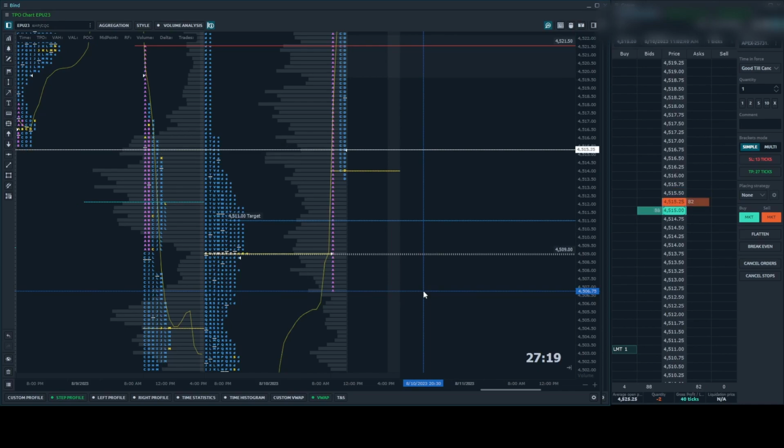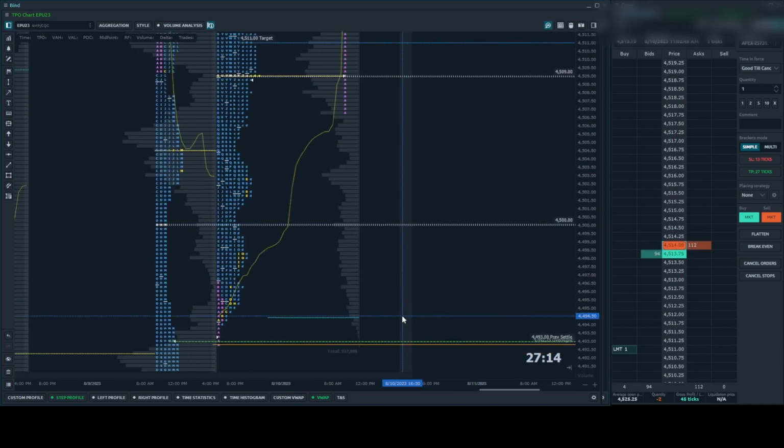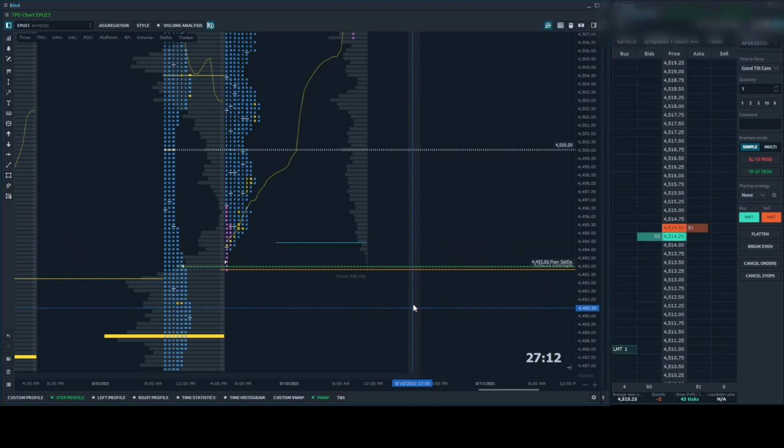I think this is looking pretty good. And our other target's all the way down here at, I put it at 95, just to front run this overnight low here.